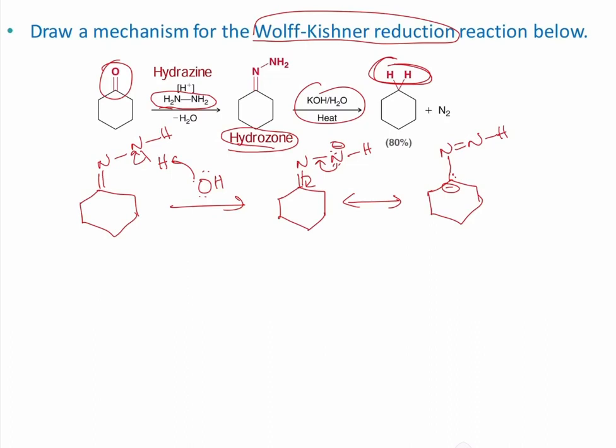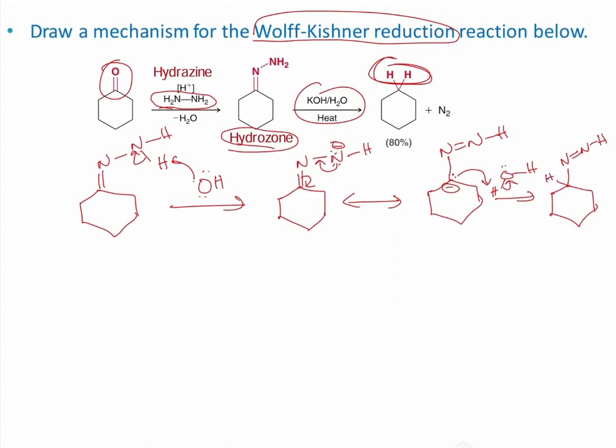Okay, and we generated water. So in the presence of water, this is going to pick a proton, and that goes there. So we form nitrogen connected to that and that. Now we have a hydrogen installed there.